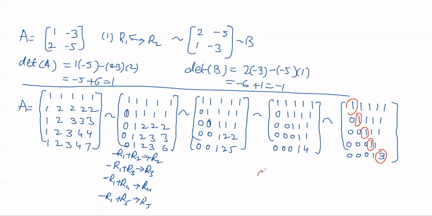So what will be the determinant then? The determinant will be 1 times 1 times 1 times 1 times 3, so that is 3. In this case, the determinant is simply 3.